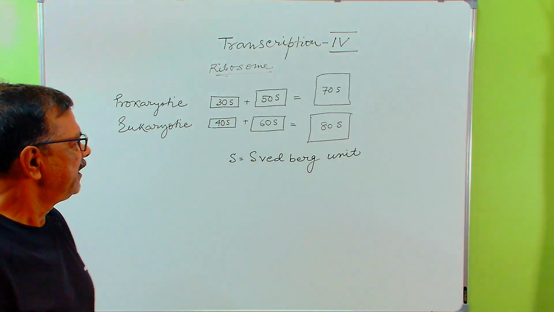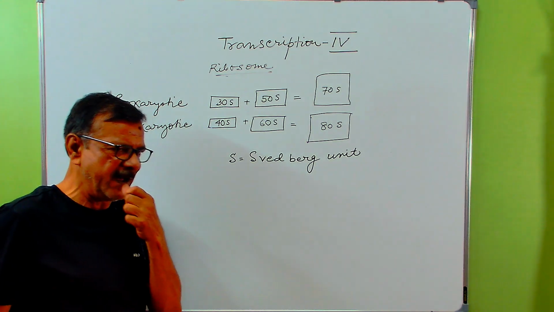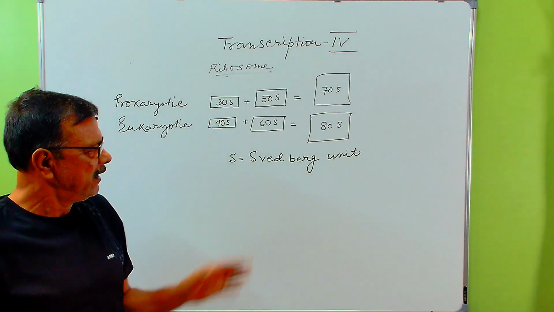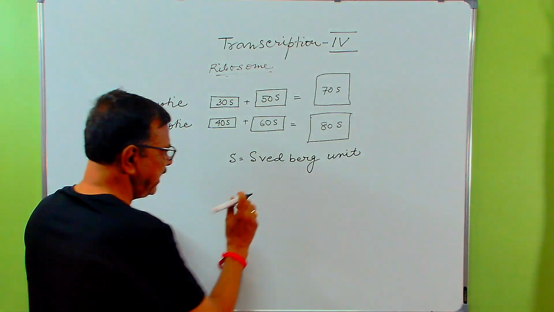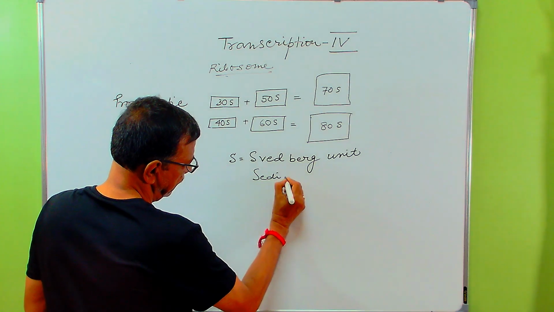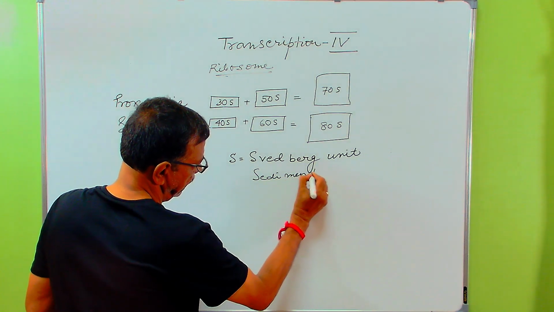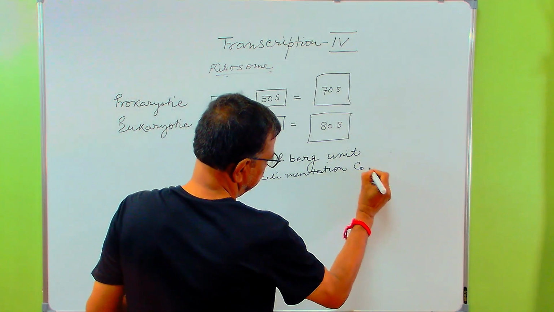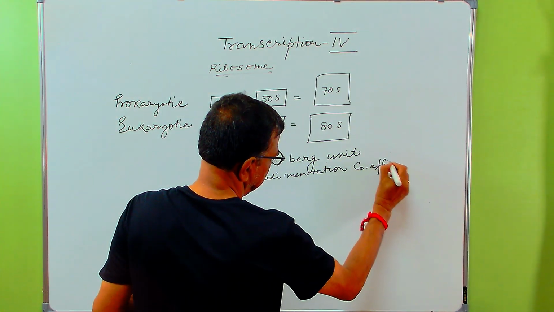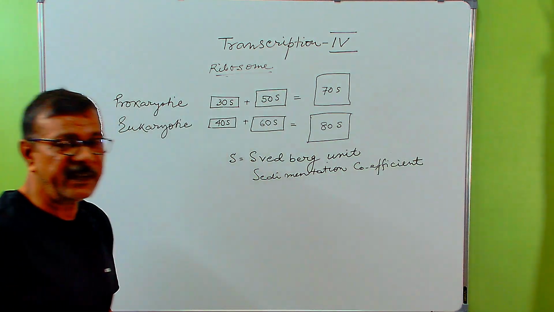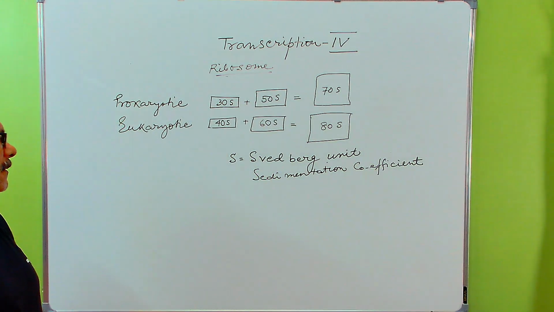Svedberg unit. S identifies or denotes Svedberg unit. It is sedimentation coefficient. This is actually sedimentation coefficient.